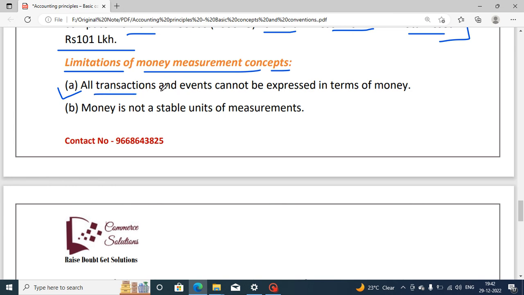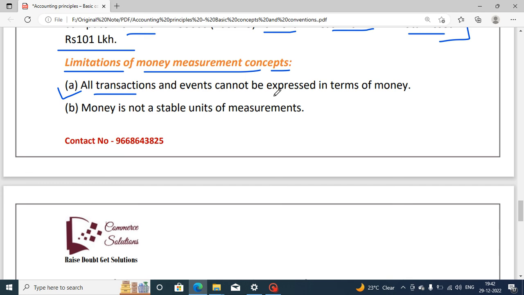For example, the managing director's health is not well, due to corona. This is a very important event.